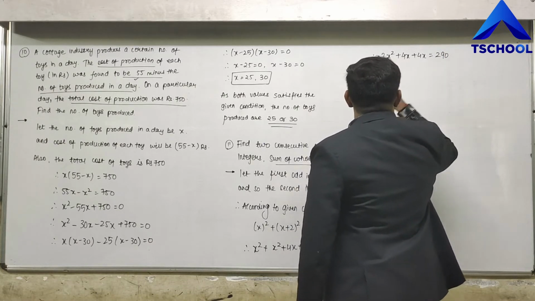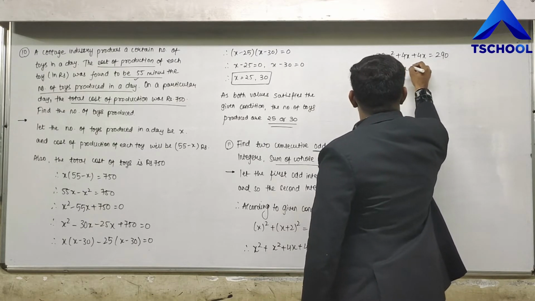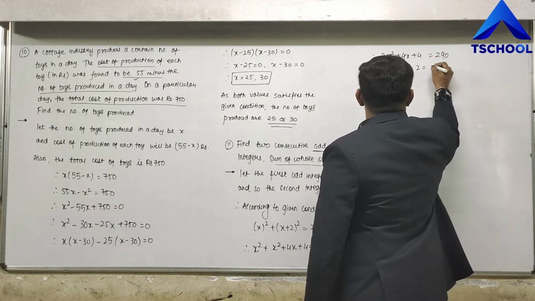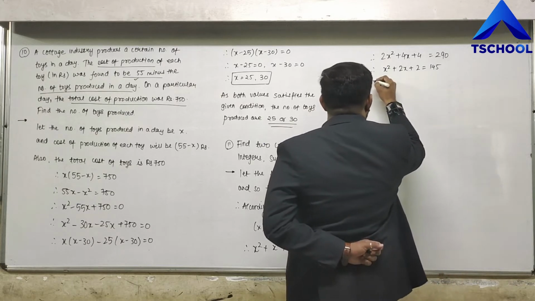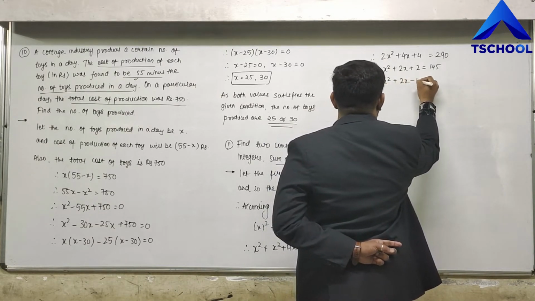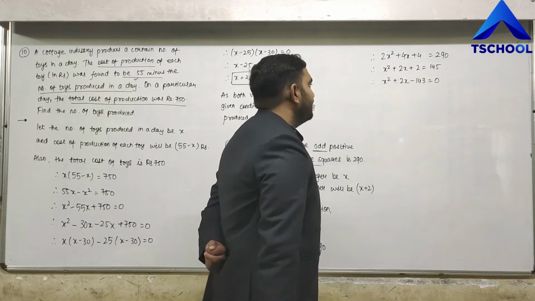Taking 2 common, that gives me x square plus 2x plus 2 is equal to 145. Taking that 145 here, we get x square plus 2x minus 143 equal to 0, right?